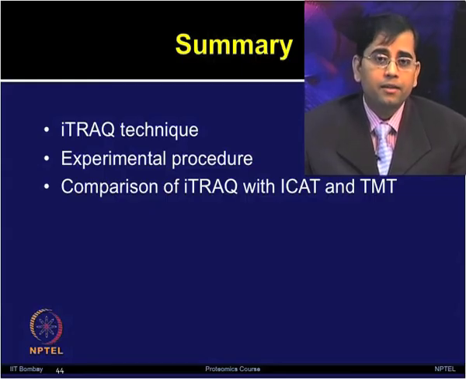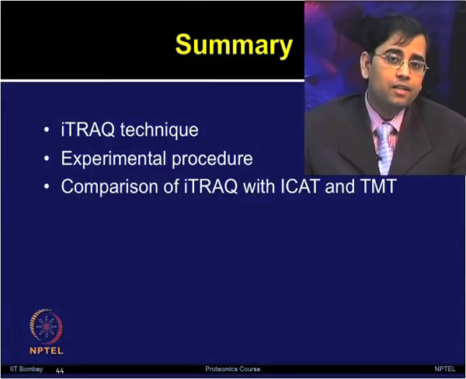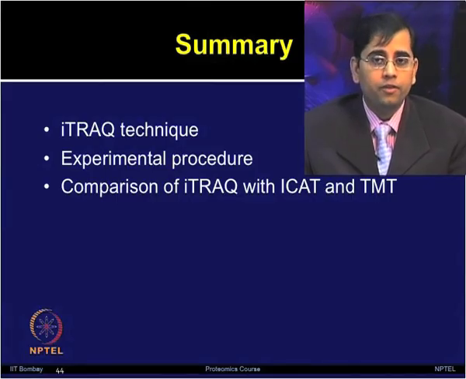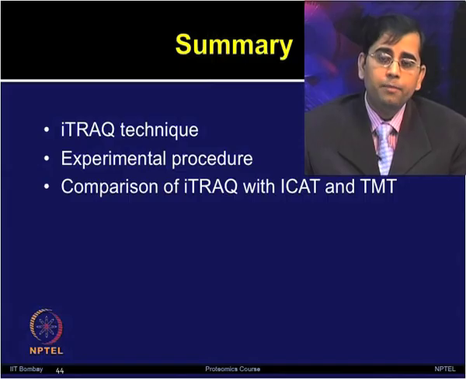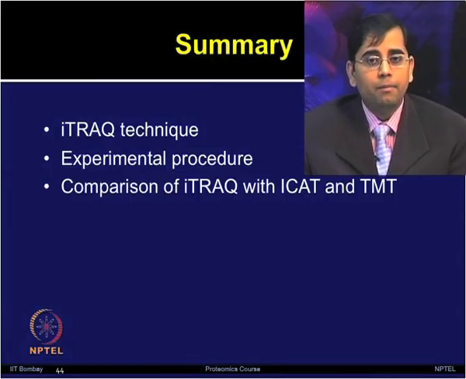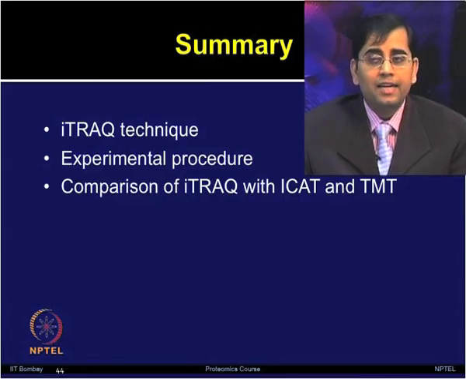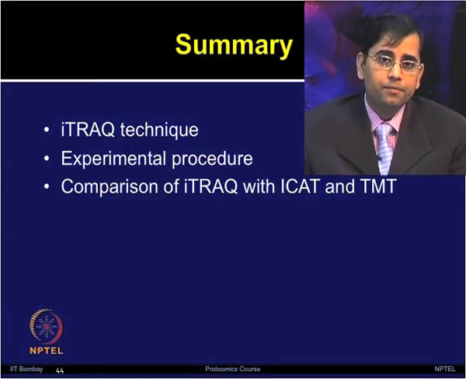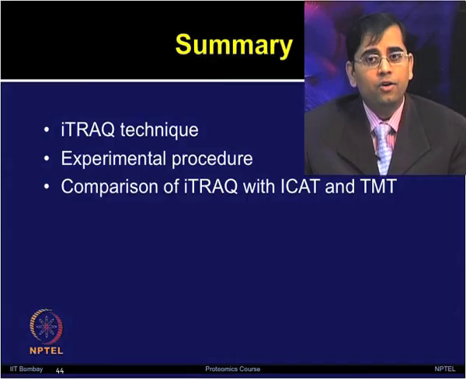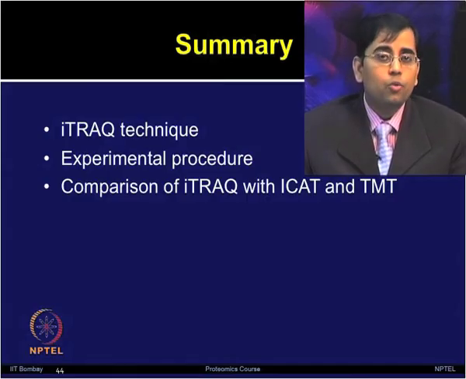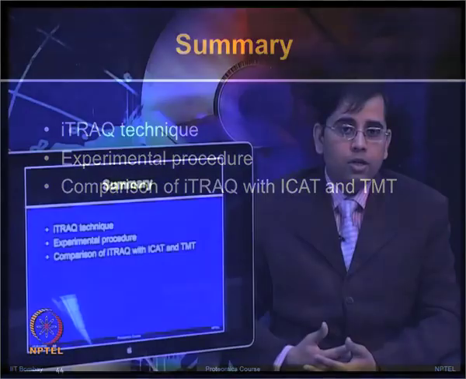The chemical labeling uses isobaric tags for relative and absolute quantification, iTRAQ, or tandem mass tag, TMT, reagents. The quantitation is based on the extraction of reporter ions from tandem mass spectrometry MS/MS spectra. These methods can be used on all kinds of biological samples and provide a high level of reliability for the quantitative data.